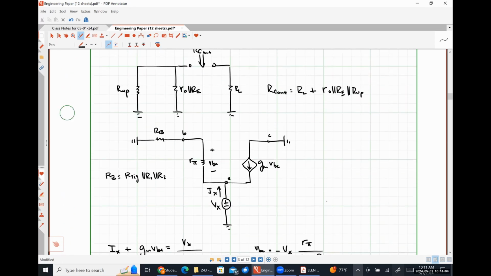And so now putting everything together, we have RL plus R naught in parallel with RE in parallel with R pi plus R sig in parallel with R1 in parallel with R2, all divided by 1 plus beta.